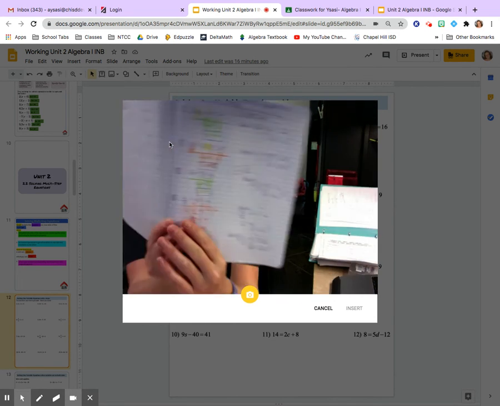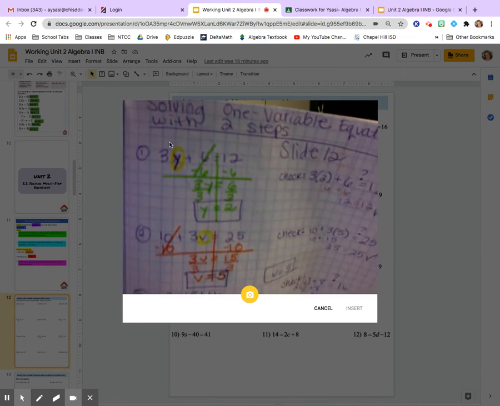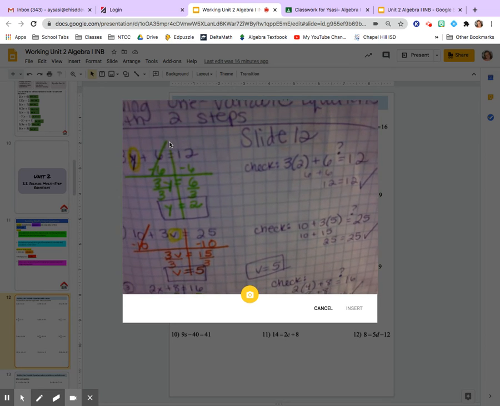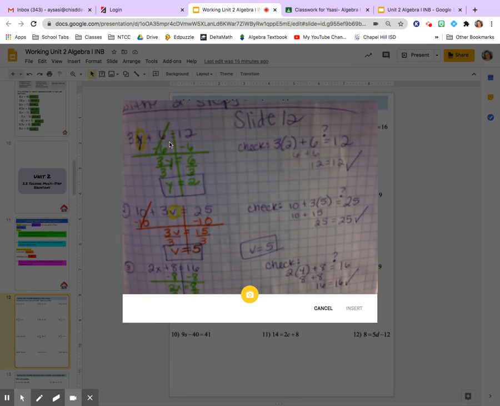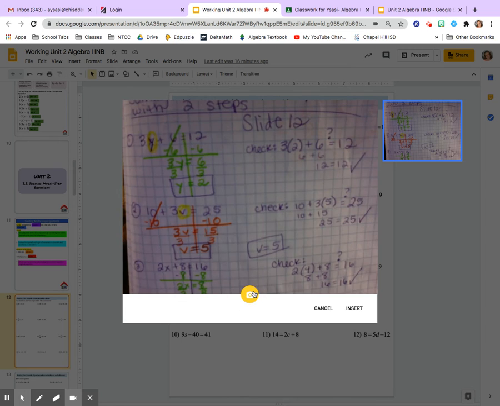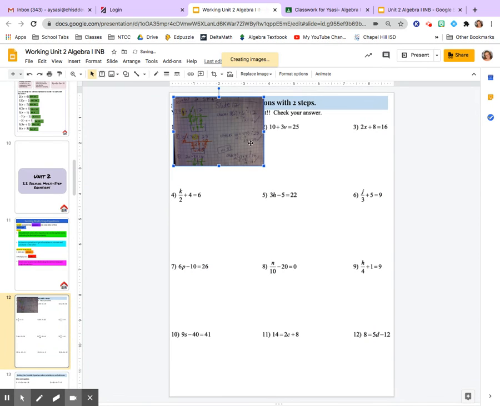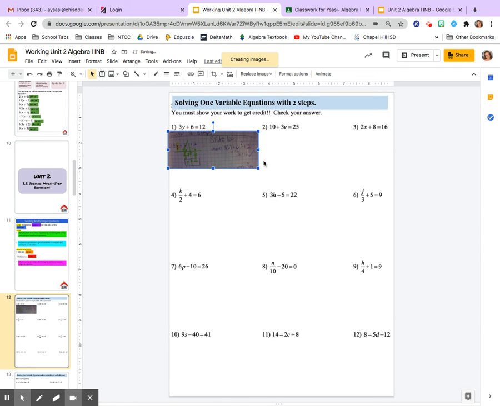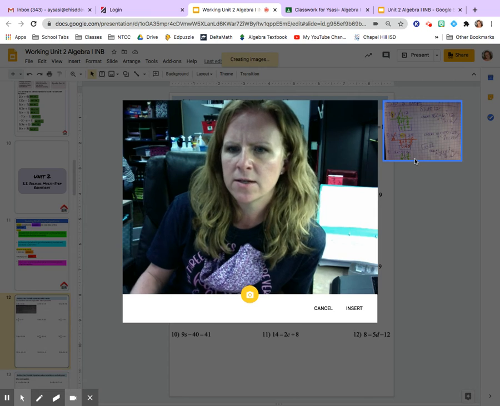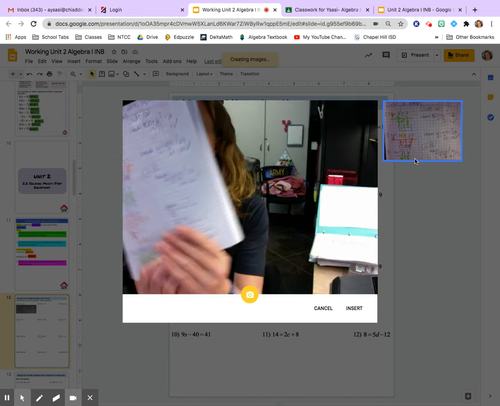And I need to do number 1. So I click Insert, and I need to move it like that. And that is number 1. Then I go and Insert, Image, Camera, and do number 2.